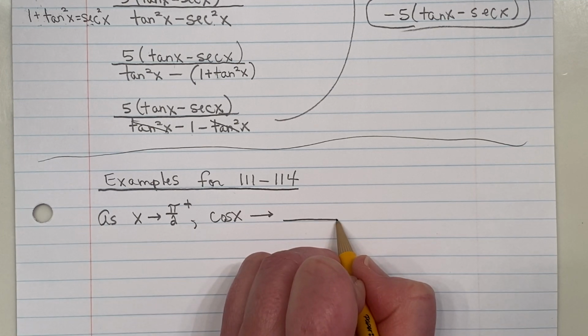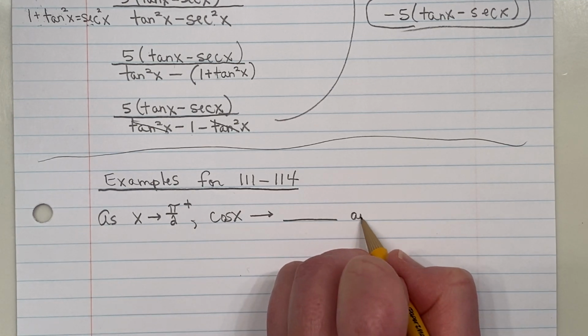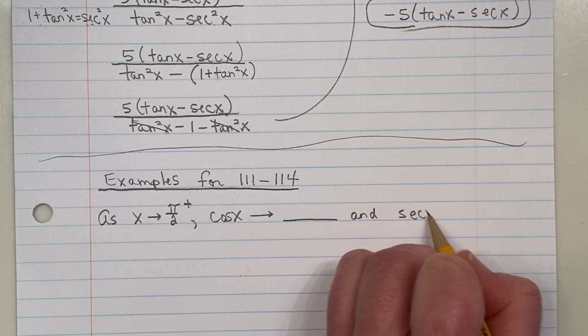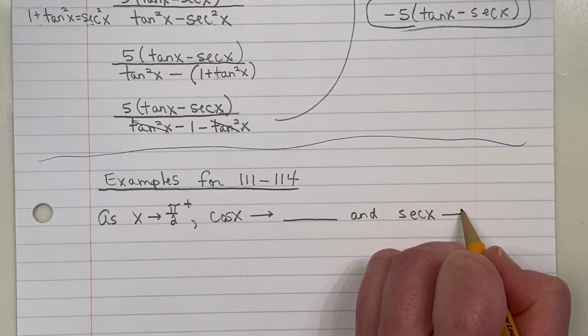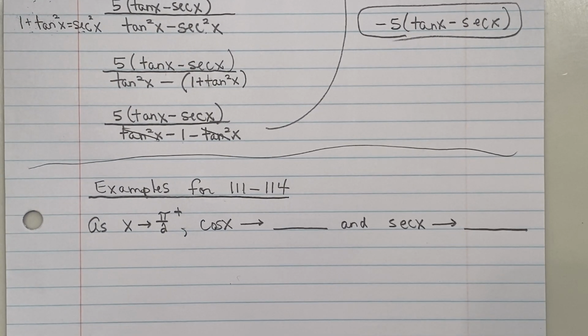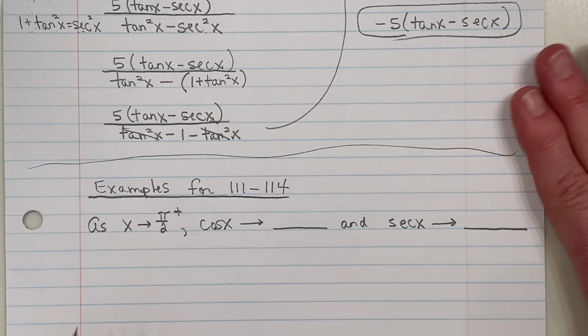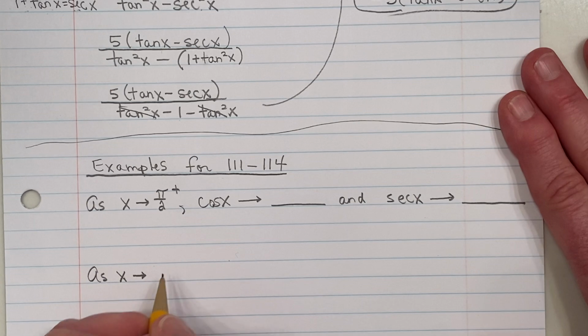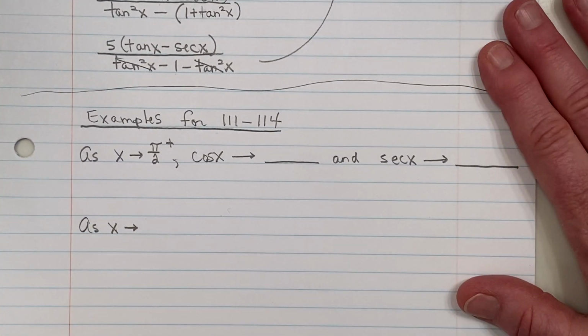And this is our blank we're filling in. And if this is also true, what does the secant of x have to approach? So where these 2 blanks are, we want to fill those in. I'm going to write down 2 more problems here. Once we get these recorded, then we'll go back and tackle the answers.